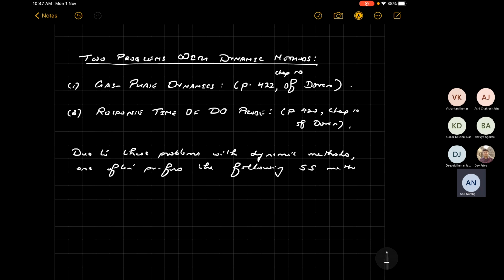So now this is the third thing that I'm covering. This is the steady state method.